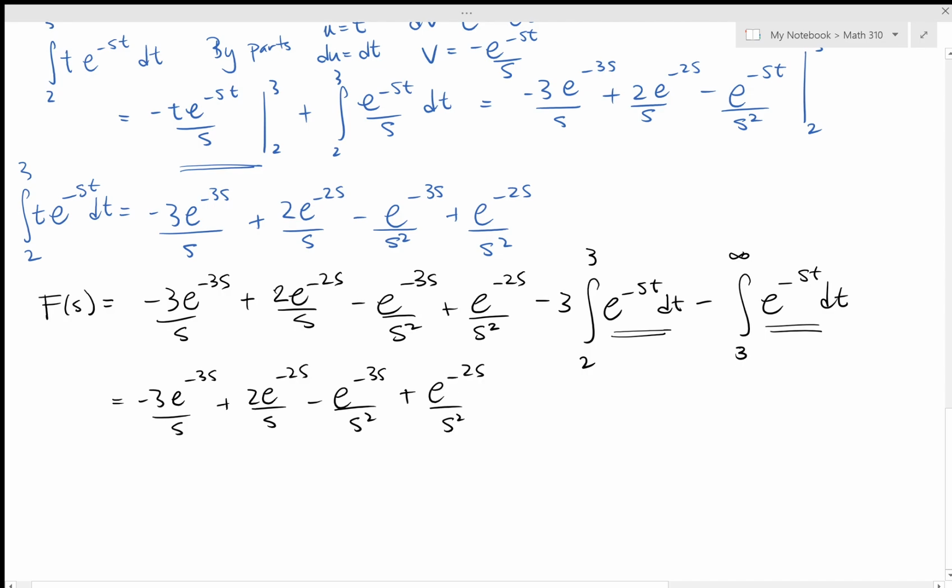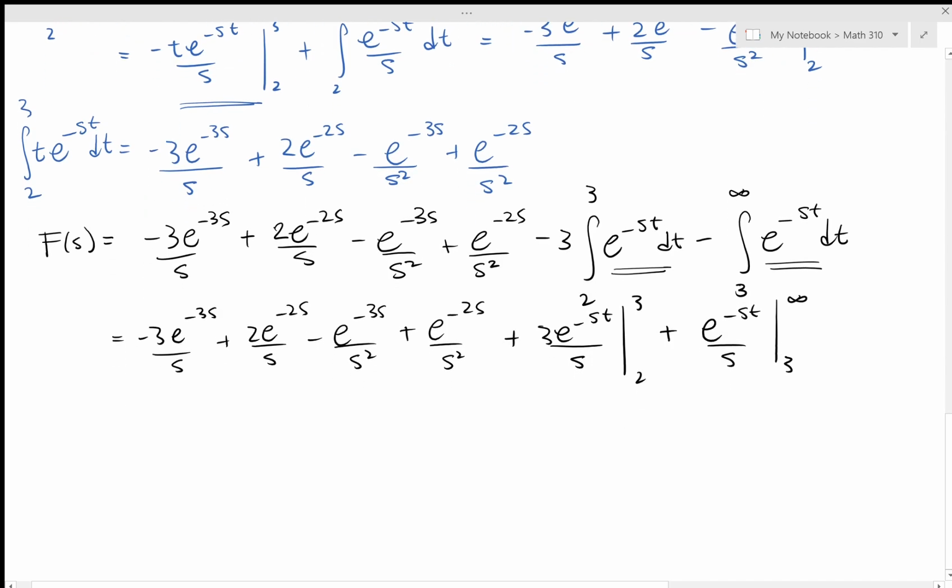And then here I'm going to have plus 3 e to the minus st over s evaluated at 2 and 3. That's that second integral. And here I'm going to have plus e to the minus st over s evaluated at 3 and infinity.